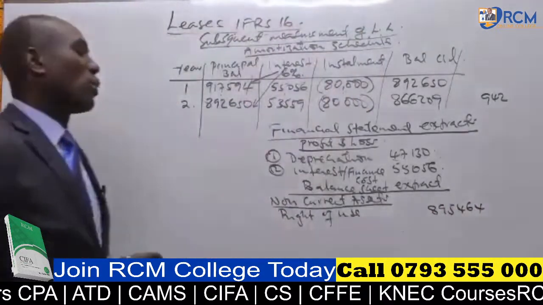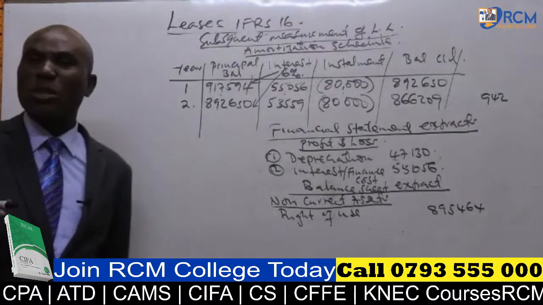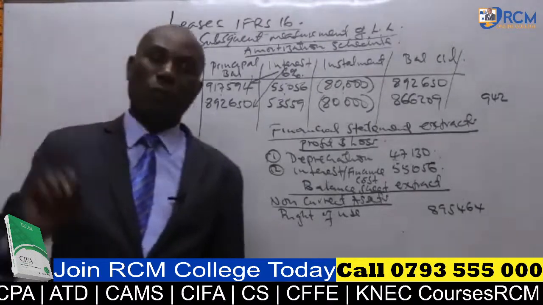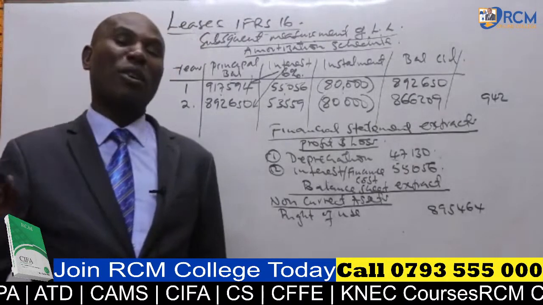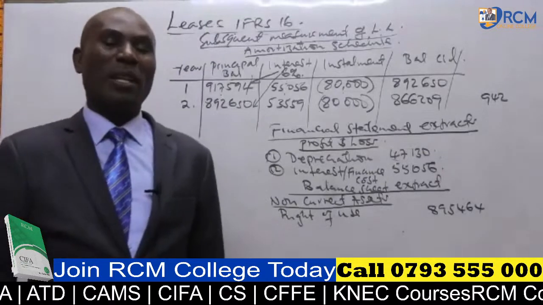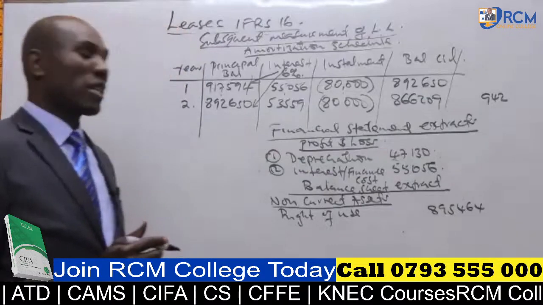That is what goes under non-current assets as right of use. And you don't say ROU, you say right of use, because in the standard there's no ROU. An examiner will just fail you for saying ROU, which is not recommended.